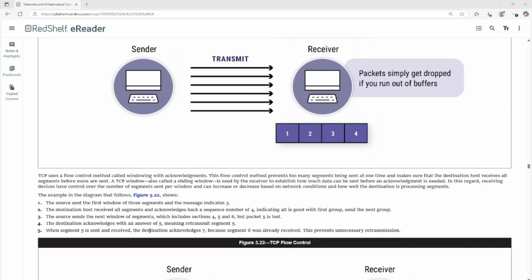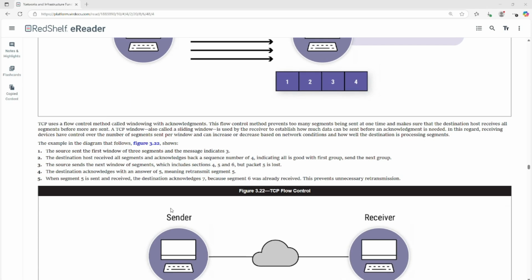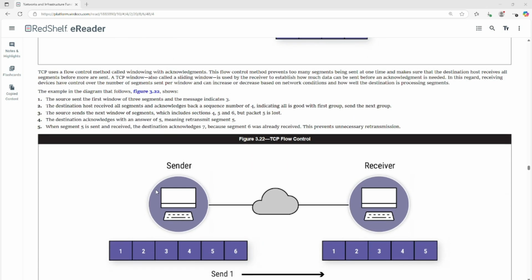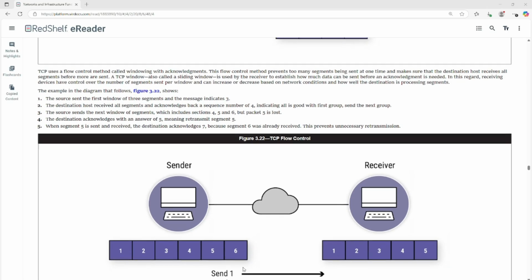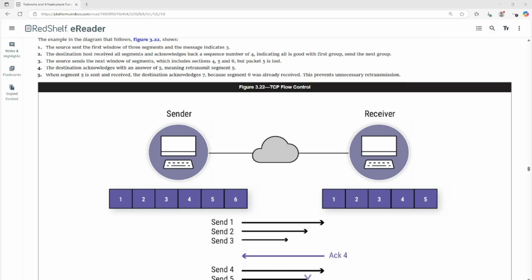Figure 3.22 shows us an example of that flow. In this case, the source sent the first window of 3 segments. The destination host receives all segments and acknowledges back with a sequence number of 4, indicating all is good with the first group, send the next group.